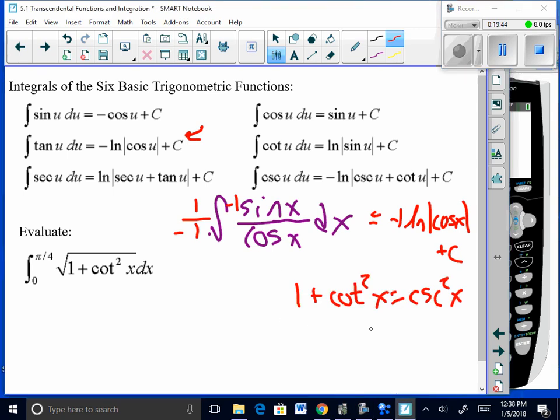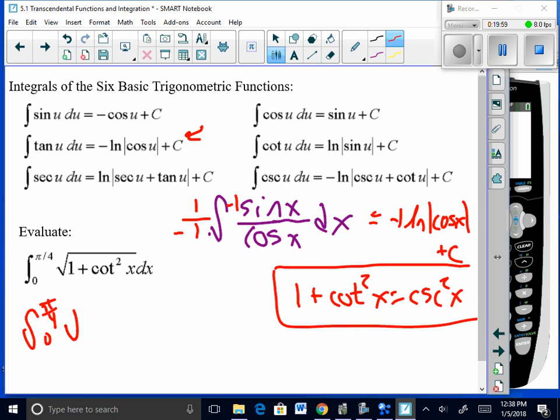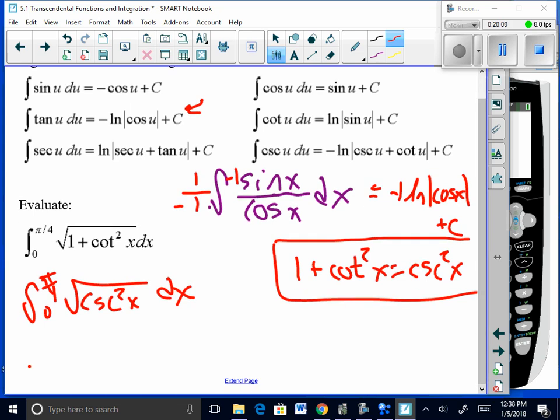Okay, so this right here was just one of the 3 on your paper. So since I know 1 plus cotangent squared equals cosecant squared, I could do a substitution. So I could rewrite this as the root of cosecant squared x dx. But now, since this cosecant is squared and there's a square root, they can cancel out.